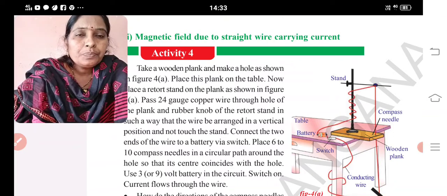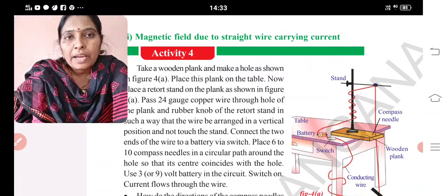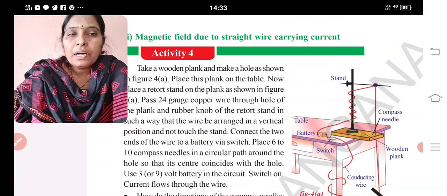What happens when a current passes? We can see there is a deflection in the magnetic needle. It means when a magnetic needle is placed in a magnetic field, it deflects.